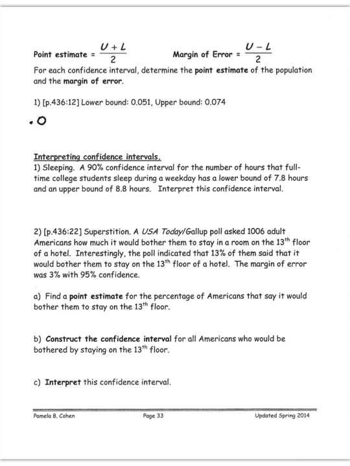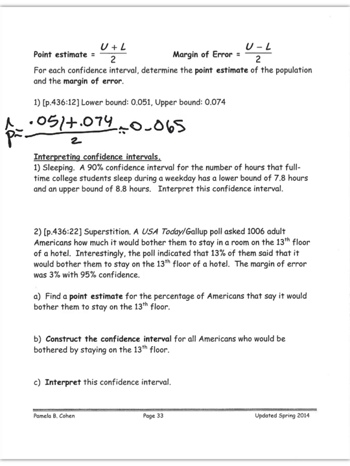I'm going to take 0.051 and add it to 0.074, and then I'm going to divide that in 2, and that gives me a point estimate of 0.065. So we think that the point estimate is 6.5%. So it's as easy as that.